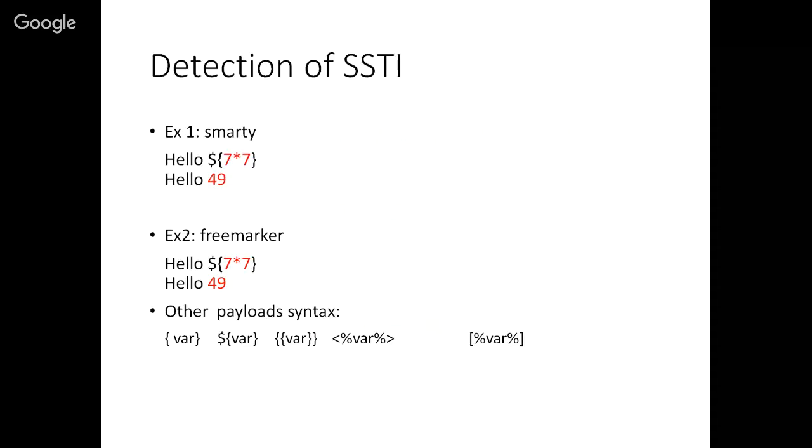Whatever you give inside that will go to the server side and be evaluated. So if the server is evaluating that equation, we will get the response 49, right? Similarly, FreeMarker has the same syntax. We give 7 into 7 or 2 into 2, and we get the output from the server.